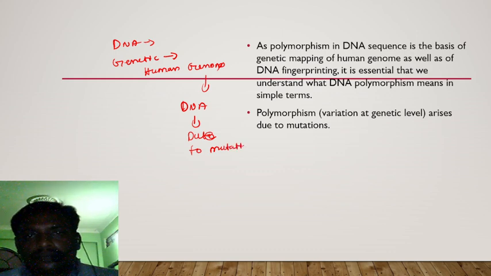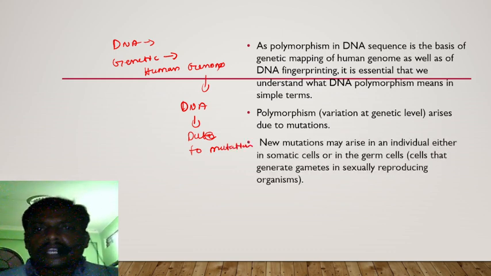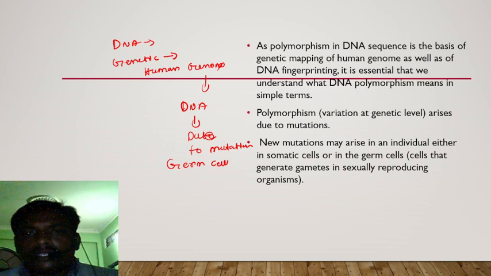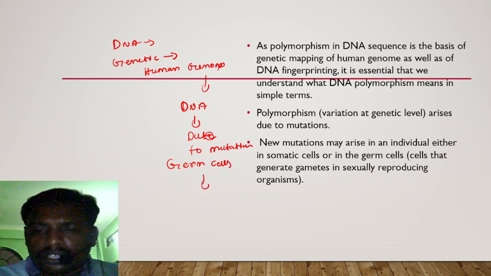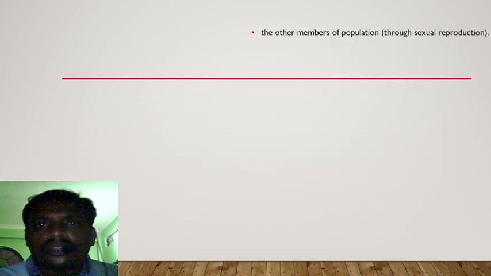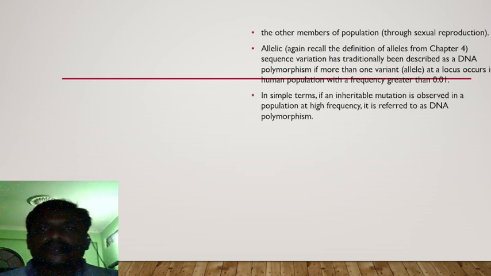New mutations may arise in somatic cells or germ cells. Mutations that occur in germ cells can easily be inherited through sexual reproduction. If a germ cell mutation occurs, it does not seriously impair the individual's ability to have an offspring who can transmit the mutation, and it can spread to other members of the population.